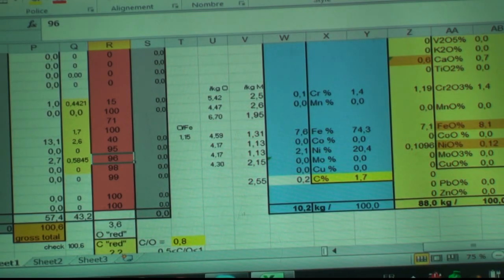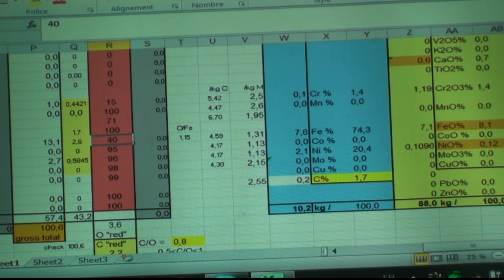If the customer says 22, then we reduce this. I understand the reduction yield is not constant. Exactly. We just check the percentage of nickel, and if the value is correct, we can get a carbon consumption as a result.